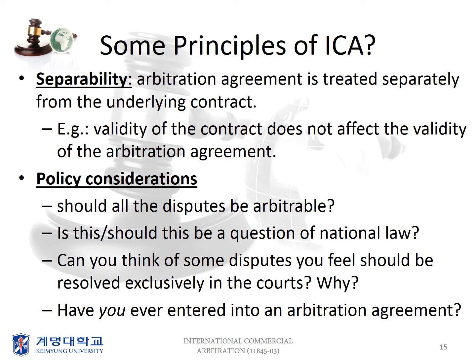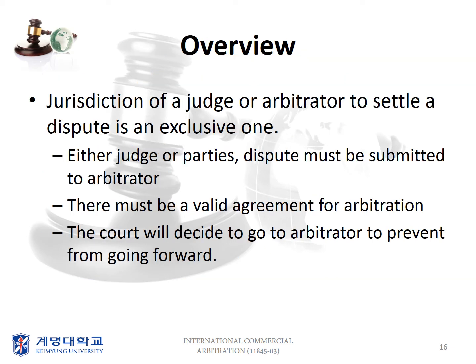As we go along with our discussion, we are going to understand clearly the other aspects of international commercial arbitration. Remember, the jurisdiction of a judge or arbitrator to settle the dispute is an exclusive one. Either the judge or the party, the dispute must be submitted to the arbitrator. You call the arbitrator, you follow the arbitrator.